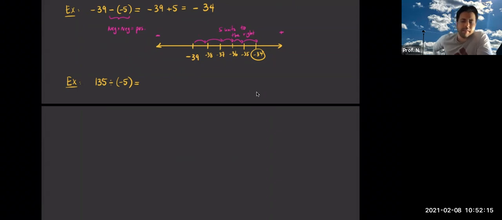First of all, if I have a positive divided by a negative number, what is the result? Is it going to be a positive number or a negative number? It's going to be negative, because as long as one number is negative, the result will be negative when you divide or when you multiply. And I think you said correctly, Kailani, you said -27. That's right.